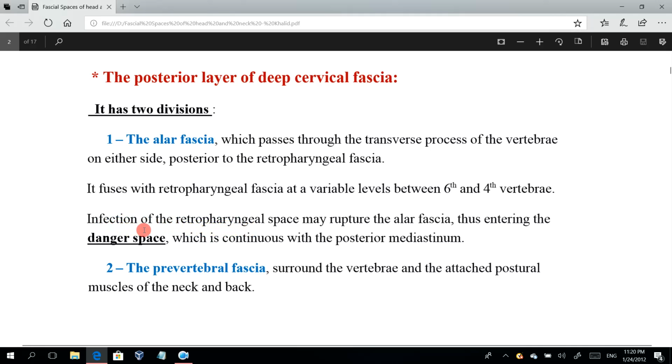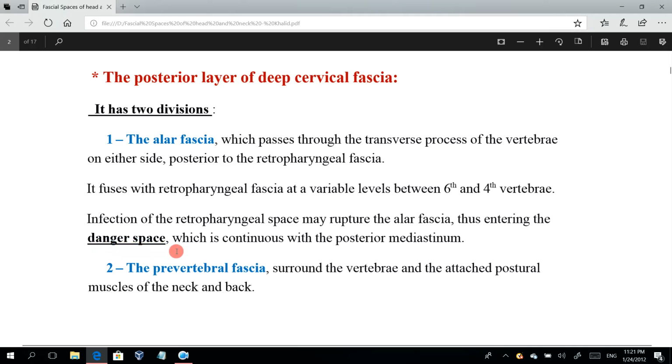If any infection occurs in this space, which is posterior to the pharynx, this infection may damage or rupture the alar fascia by pus, thus entering the inflammatory fluid and infection into the danger space.